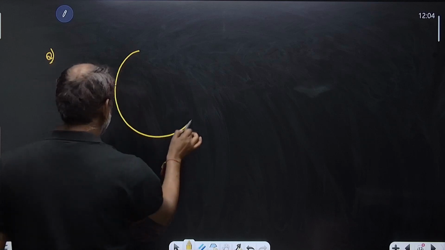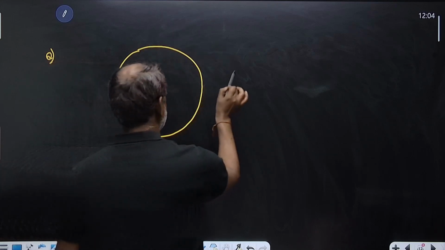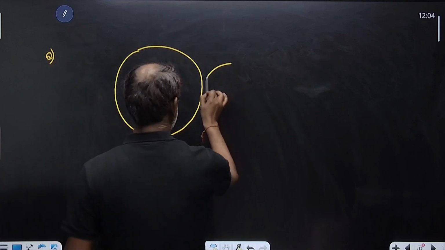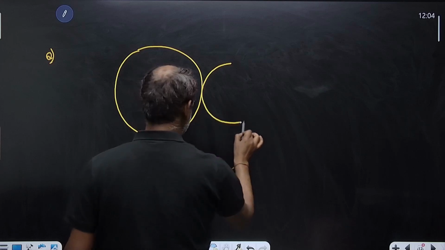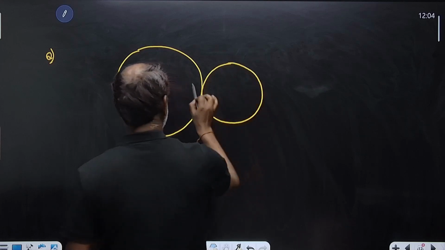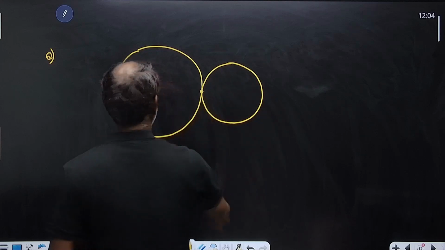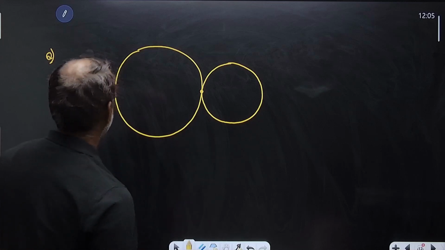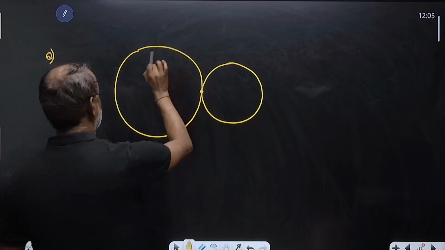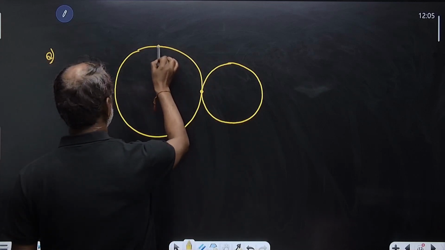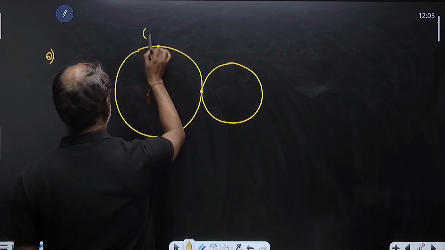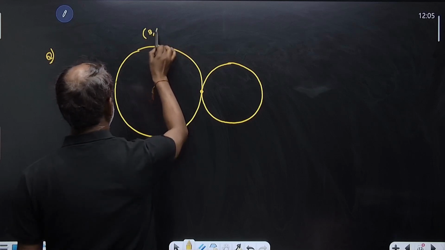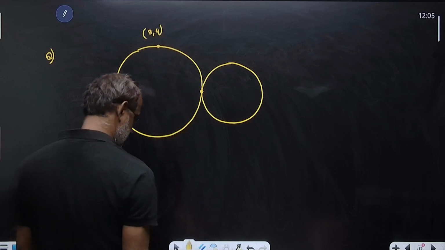Given two circles which are touching each other.